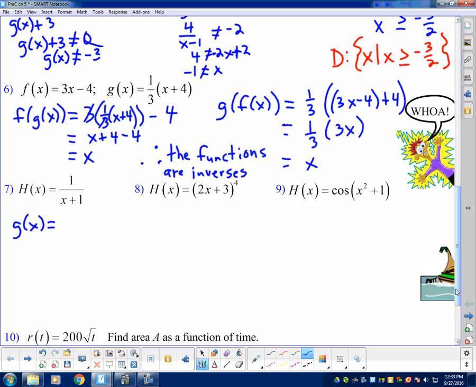My innermost function, what's replacing x in the parent graph? x plus 1, so that's my inner function. And my outer function is always going to be the parent graph that you see here. So my outer function, we'll call it f of x, is 1 over x.